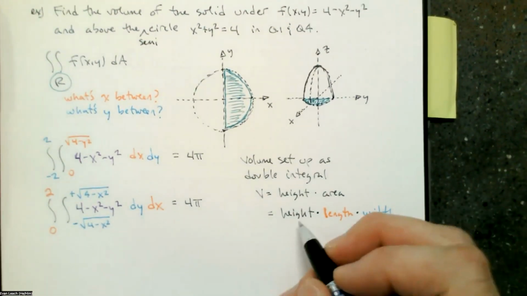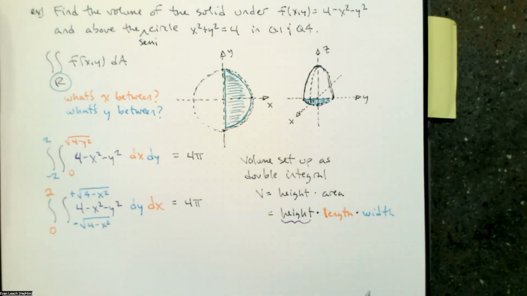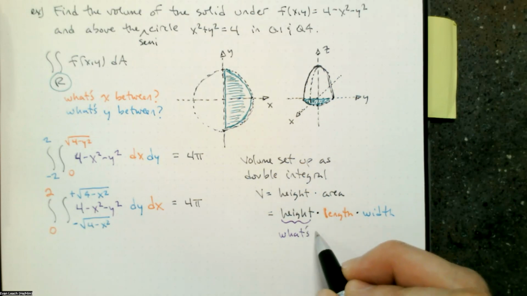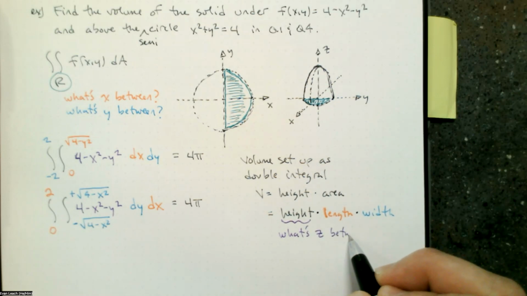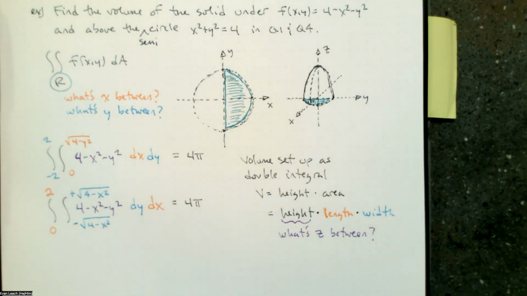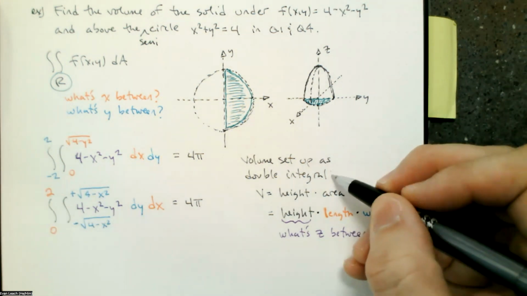So in the context of this problem, this height fell into the same category as length and width. This is just what's z between. So we had set our volume up as a double integral.